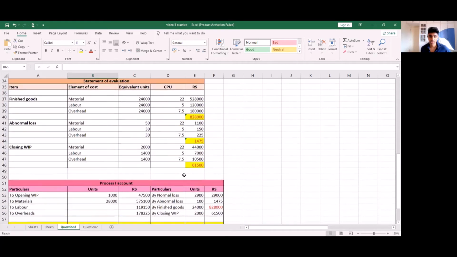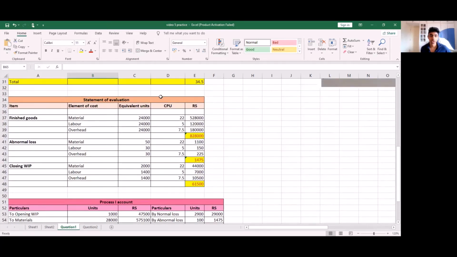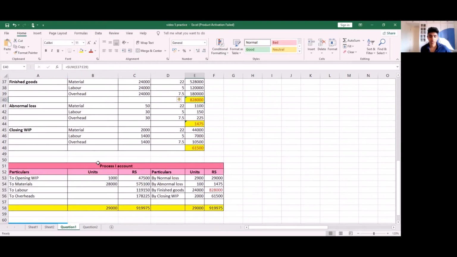So if you noticed, in our statement of evaluation, we calculated a finished goods of 8,28,000. Here in our process account, we get the same amount as the balancing figure, which is 8,28,000. So if these two amounts are equal, then our question is correct.